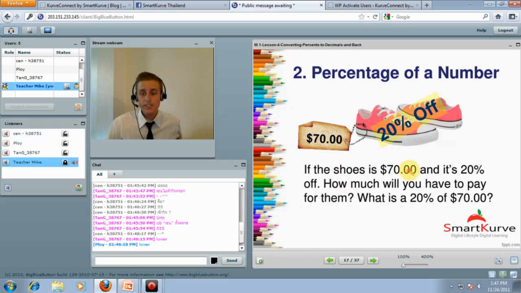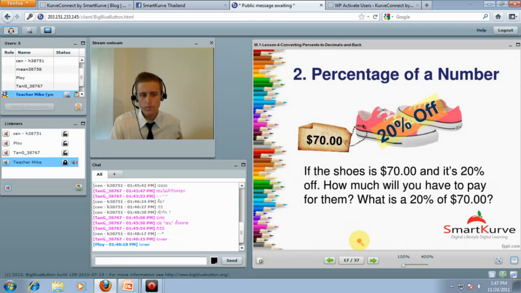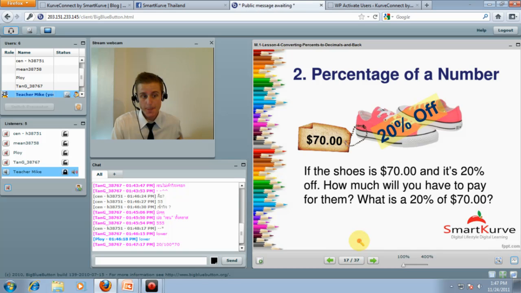If the shoes are $70 and it is 20% off, how much will you have to pay for them? What is 20% of $70? If anybody knows the answer, go ahead and type it. That's perfect, Tan. 20 over 100 times 70 equals 14.